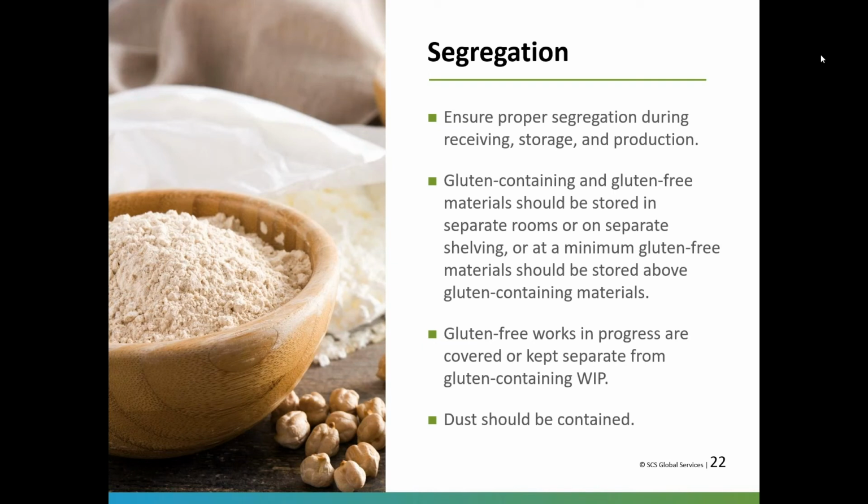At a minimum, gluten-free materials should be stored above gluten-containing materials. Gluten-free works in progress must be covered or kept separate from gluten-containing works in progress. And if dust is an issue in the facility, there has to be some kind of mechanism or equipment to contain that dust to prevent cross-contamination.